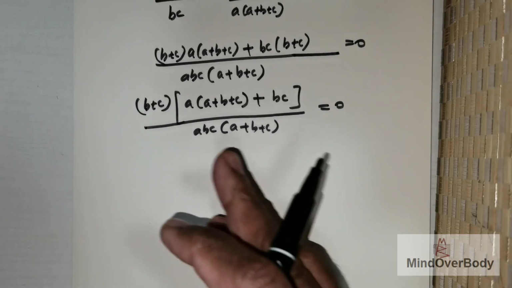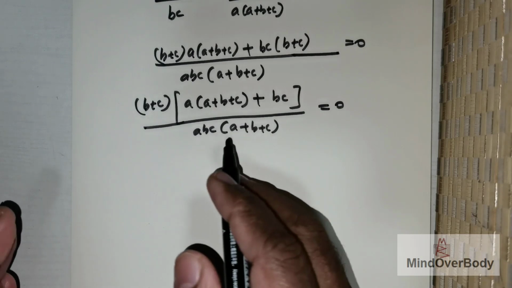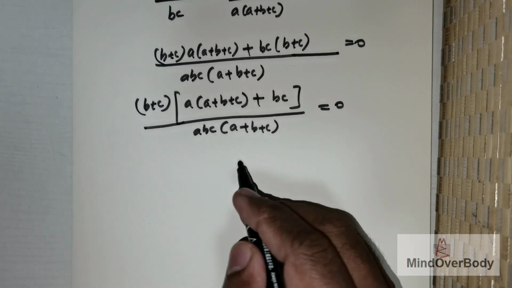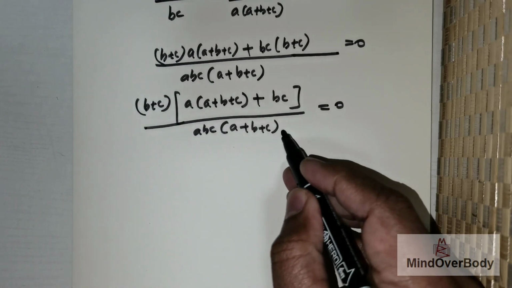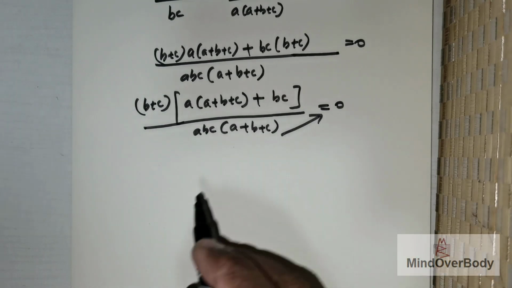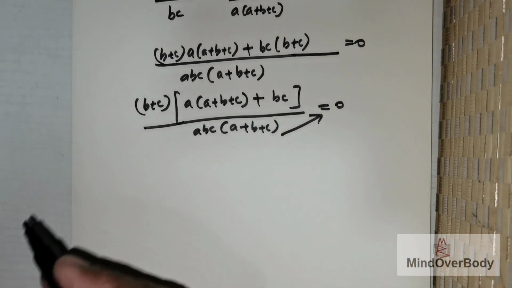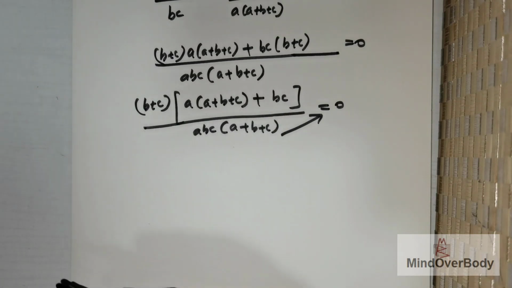Now I can simplify this if I can reduce the difficulty of this expression. How could I do that? If I could multiply the denominator with the cross multiplication and get rid of this, then all I need to do is to simplify the left side, factorize it and obtain the solution.